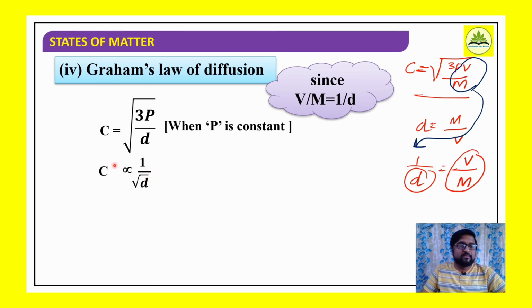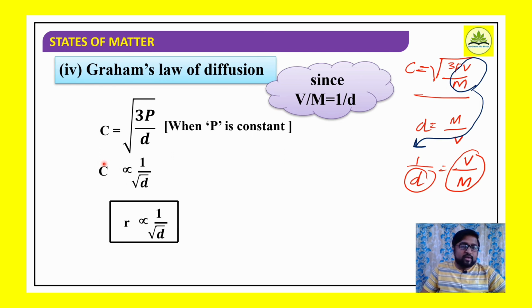What is c here? C indicates the velocity, and the velocity or speed of molecules is directly proportional to the rate of diffusion. Since both are directly proportional, instead of c I can consider the rate.